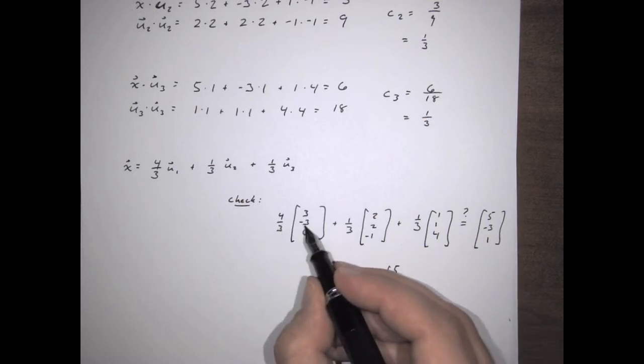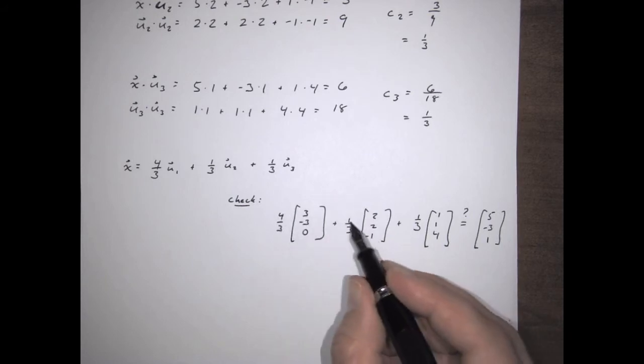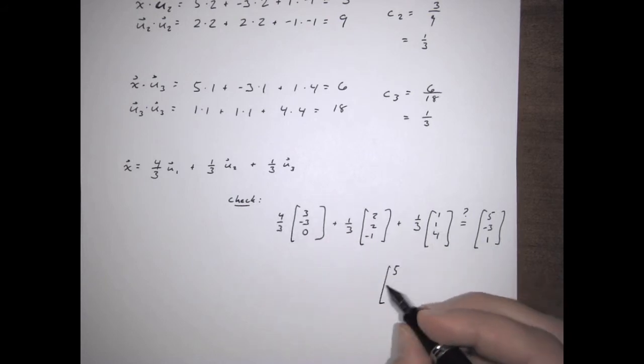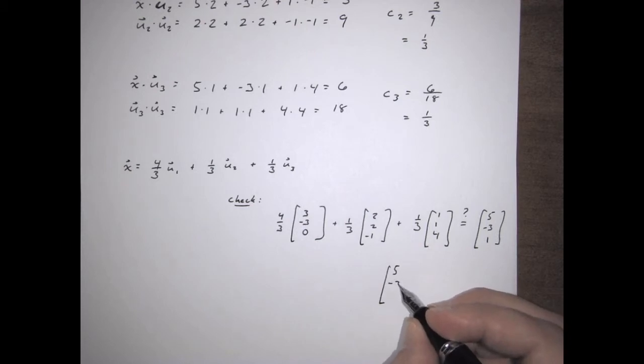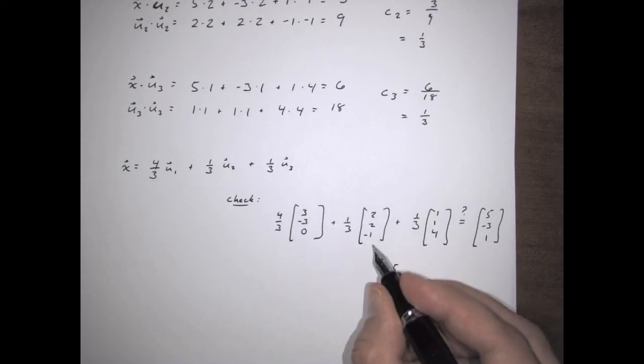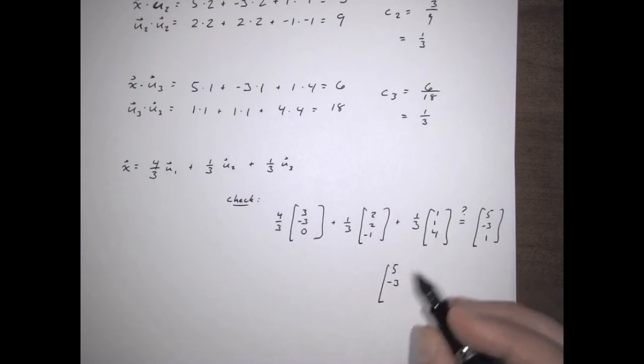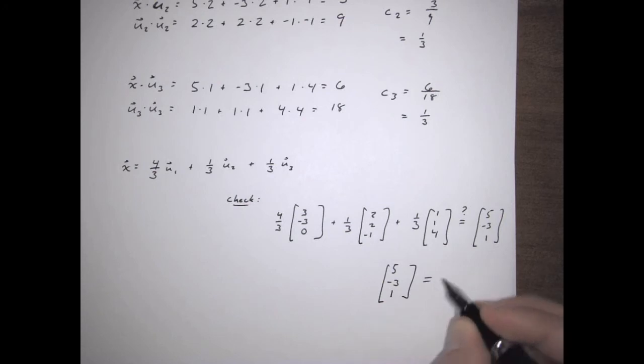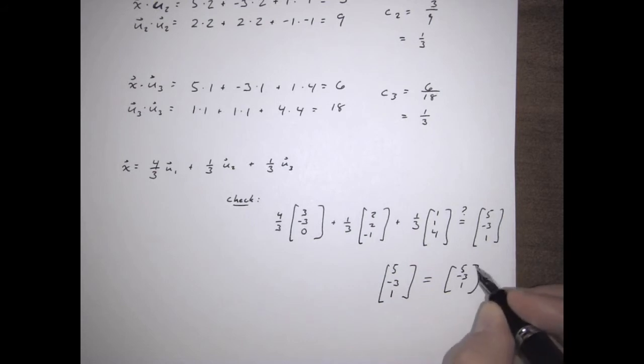We have negative 4 plus 2/3 plus 1/3, so it's going to be negative 3, sure enough. And 0, negative 1/3 plus 4/3 is going to equal 1, sure enough. And check.